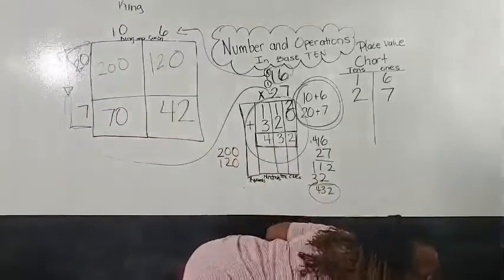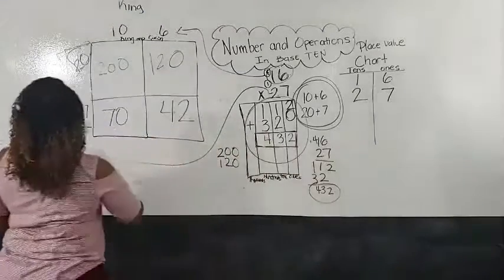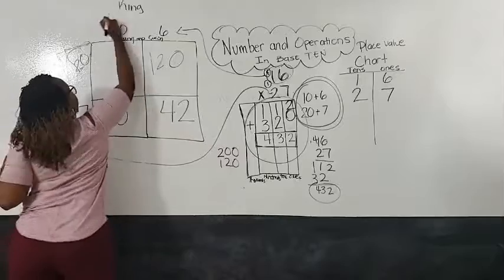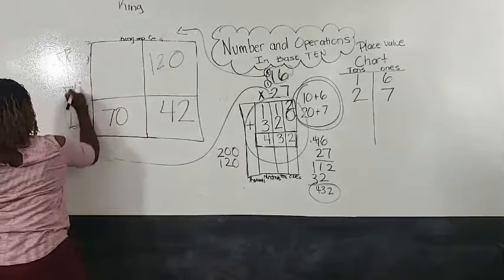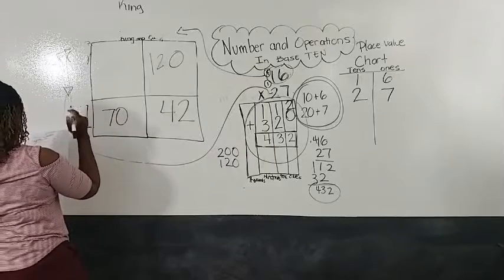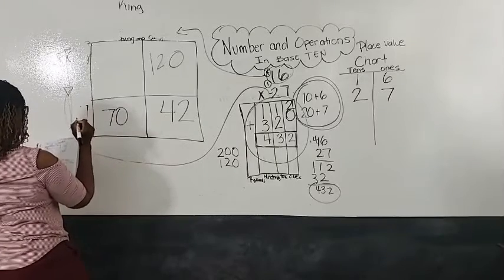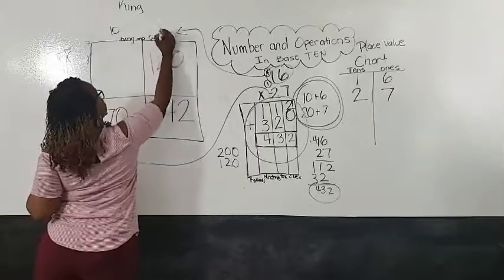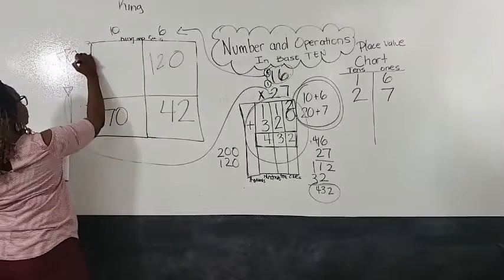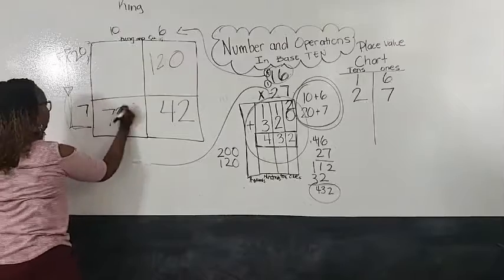Hold on, guys. Now, I promise y'all. All right. Let's go back. What am I not doing right? All right. 10, 6, 20, 7.